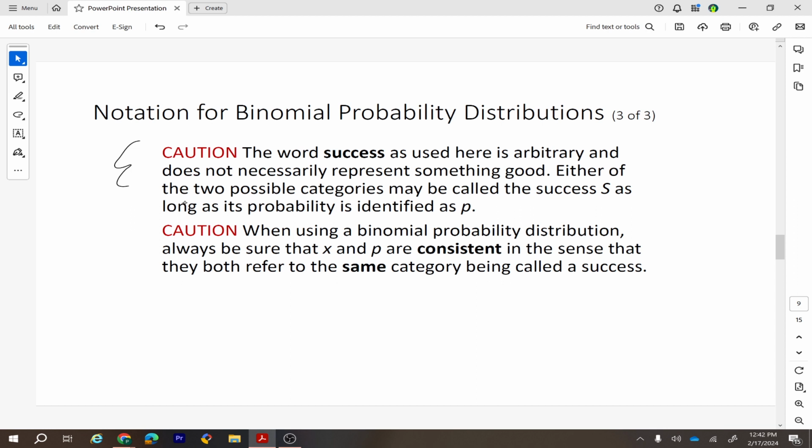It's up to you and your situation how you define success. It could be a different thing for different trials. Okay. One more thing to keep in mind: x, the random variable, which is the number of successes, and p, which is the probability of success, do not represent the very same thing.